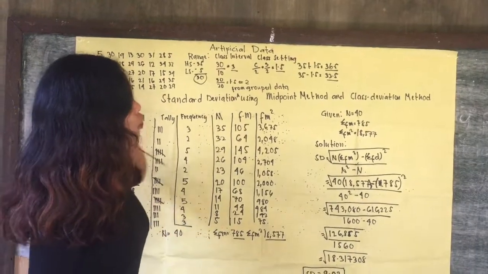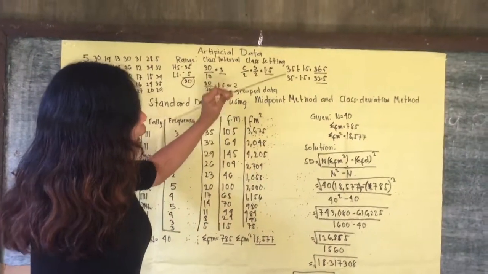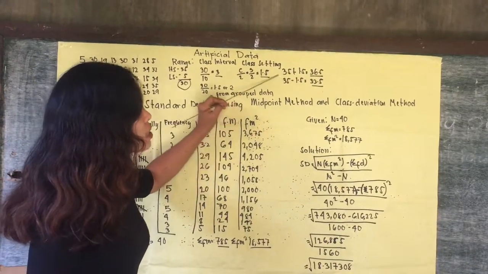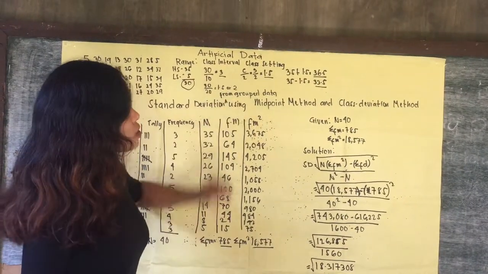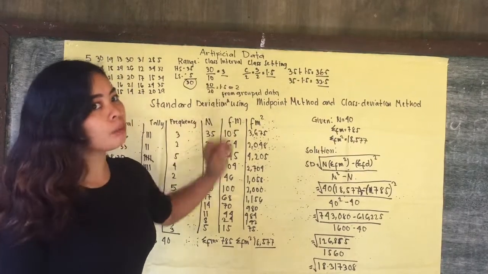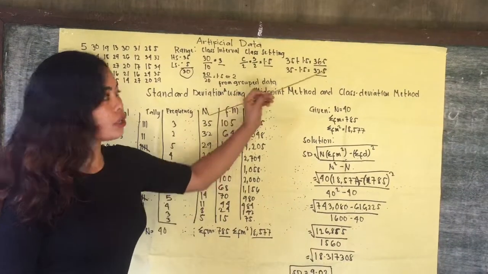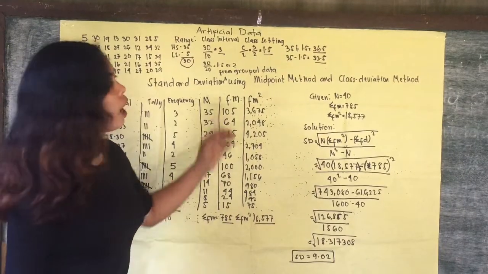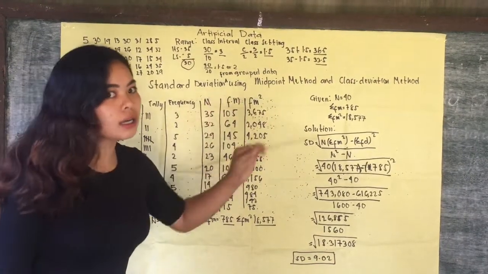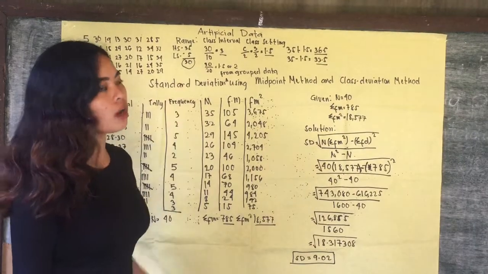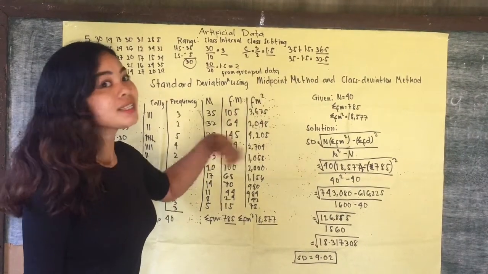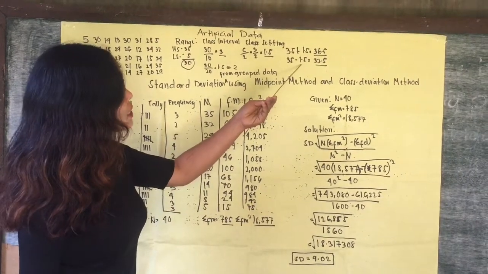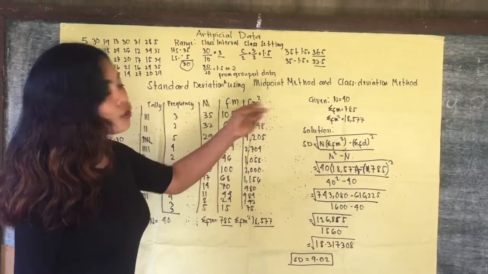Then you have to add 1/2 of your class interval to the highest score, which is 35. So 35 plus 1.5 equals 36.5. And then you have to subtract 1/2 of your class interval from the highest score.